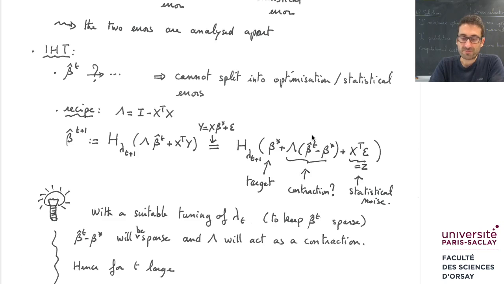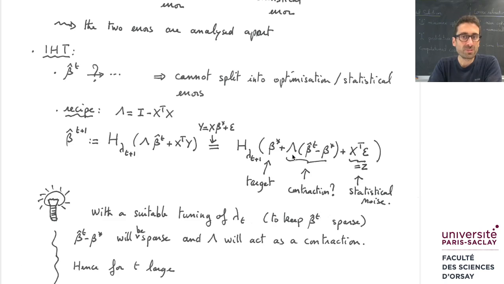If we look at this additional term, what do we have? We have capital Lambda times beta t minus beta star, right? So this is related to the error at step t, and what we hope is that the error at step t plus 1 will be smaller. So we hope that here we will have a contraction of the error.